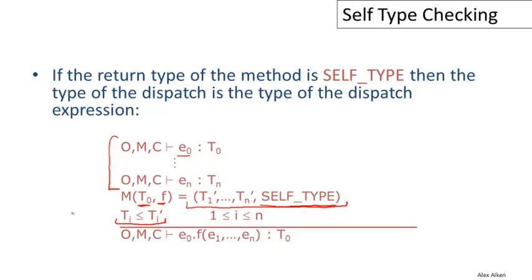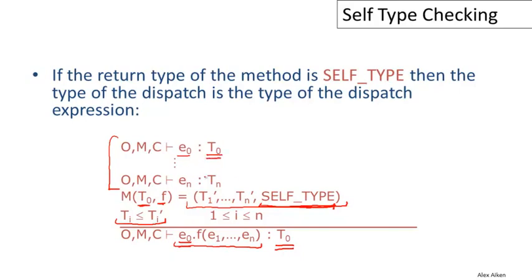And if all of that works out, then we can say that this dispatch is going to have type, oh look, T0. So where did that come from? Well, the return type is self-type, and so the result of this entire dispatch is going to be the type of whatever E0 was. E0 is the self parameter, and whatever type we got for E0, that is a sound static type for the result of the entire expression.